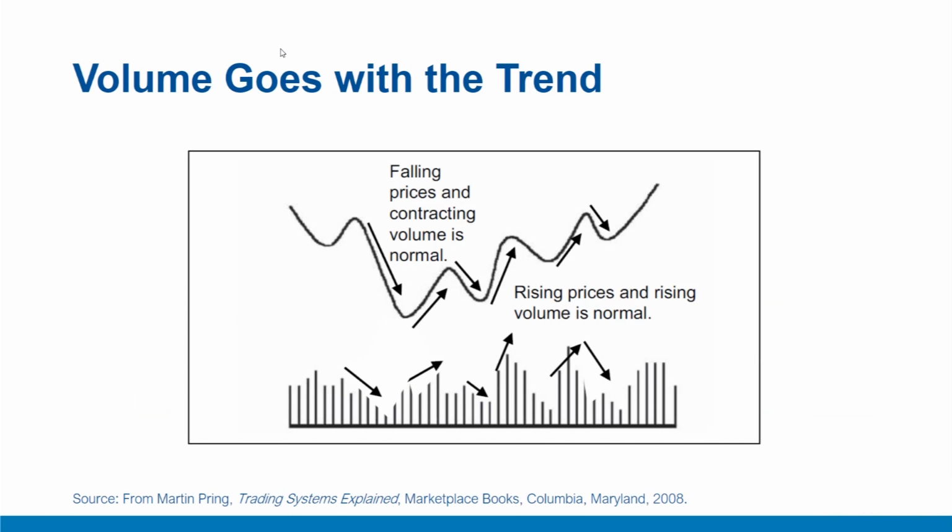A lot of clues to the significance of a particular pattern or trend reversal can be gleaned from volume characteristics. For example, if a series of ascending peaks and troughs is accompanied by progressively lower volume, it is a sign that the advance is running out of steam, since volume is no longer going with the trend.